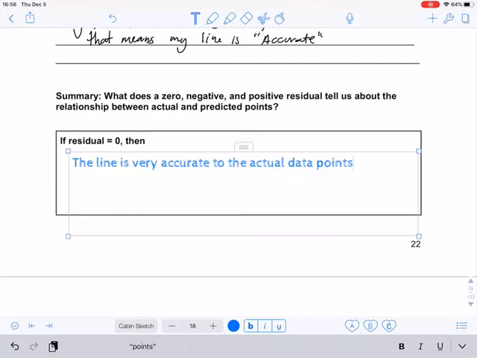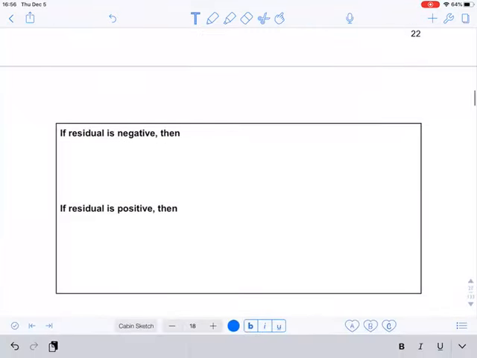Or maybe we could say our prediction. The line, maybe we should put this here, the predicted line is very accurate to the actual data points.